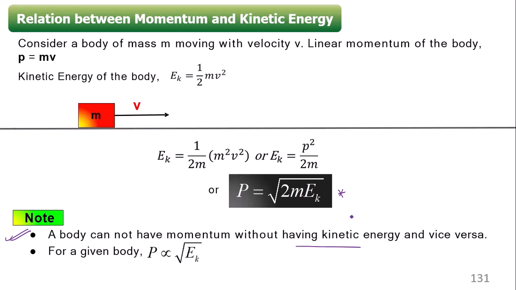That means if K equals 0, it implies p equals 0. Or if p equals 0, then kinetic energy is also 0. So for a given body, p is always proportional to the root of kinetic energy, root K. K is the kinetic energy notation I am using over here.